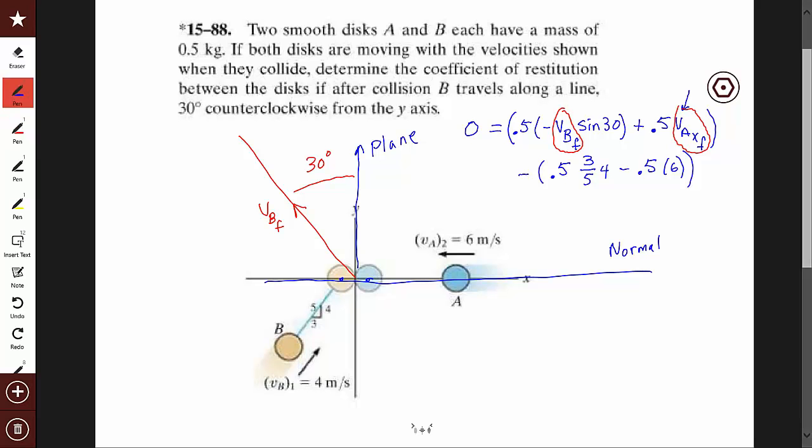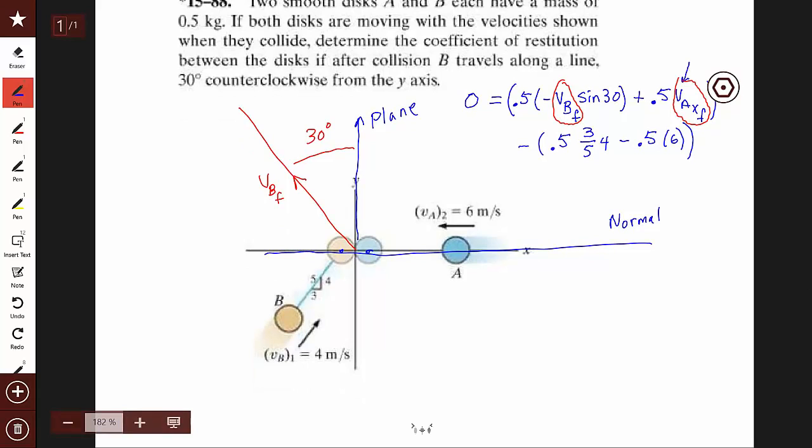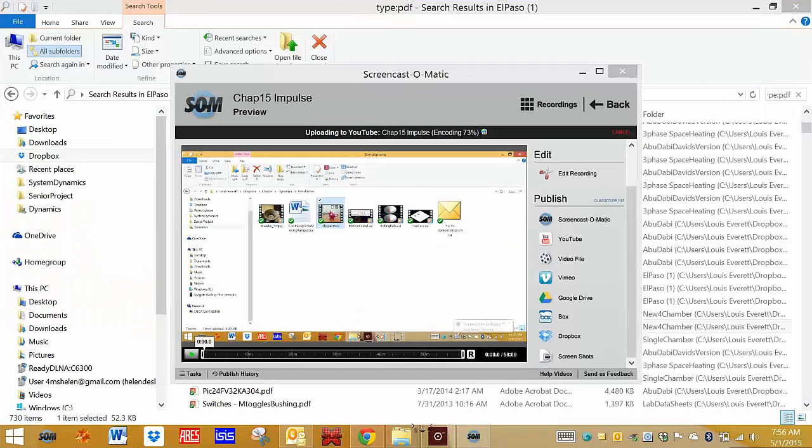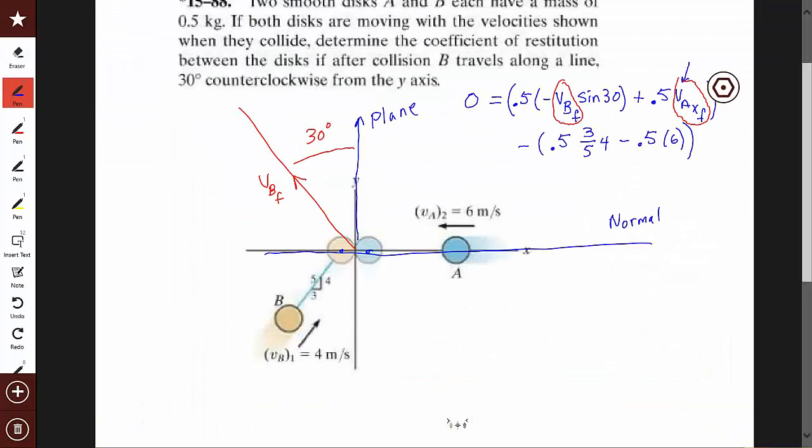Now, the next equation is the coefficient of restitution equation. Okay, so to apply the coefficient of restitution equation, it looks like this.